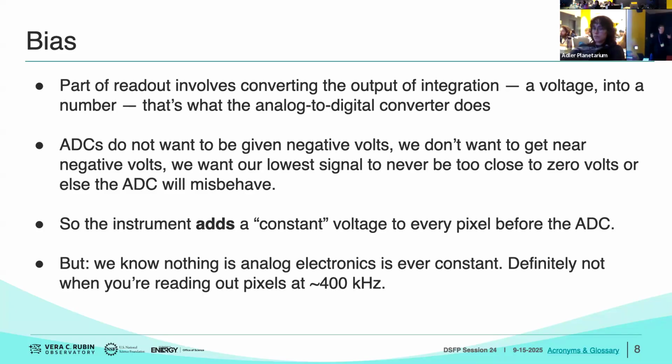There's a lot of data, there's a lot of clocking going on. And so basically there are so many voltages that need to be varying quickly in order to move pixels through the readout process. But that means that this nice constant voltage that we want to be adding really can't be constant. It's affected by all of these other effects going on in the camera.